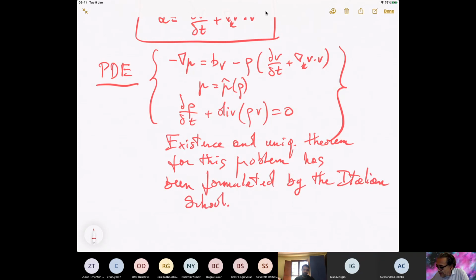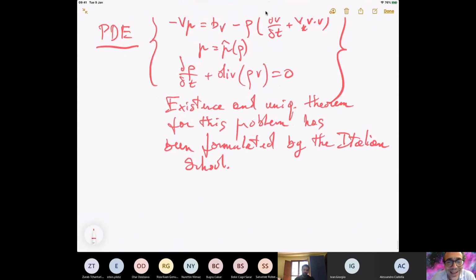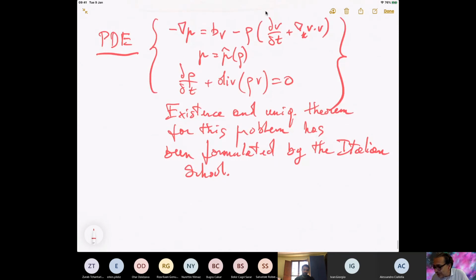Let me be proud of the fact that, usually, Italians tend to hate other Italians. We are inheriting this Greek attitude to ignore the other Italians.